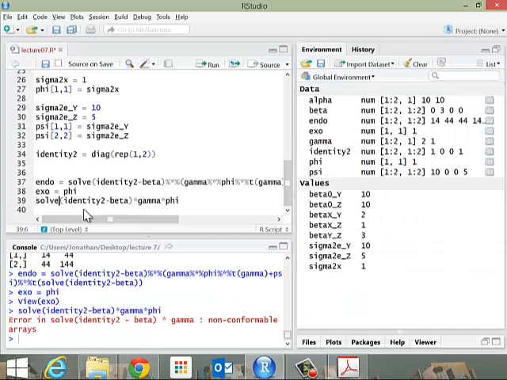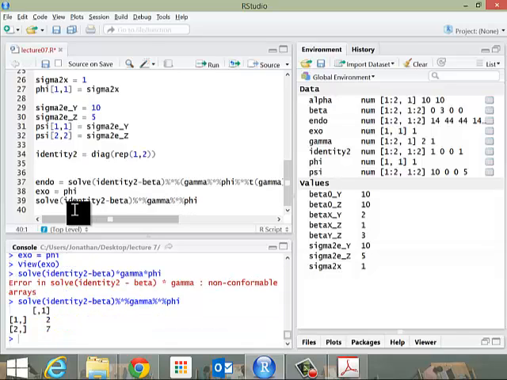There we go. So that's the 2 by 1, and then I take the transpose of that to get the 1 by 2. So that's over in the right corner. This is endo underscore exo equals that thing.